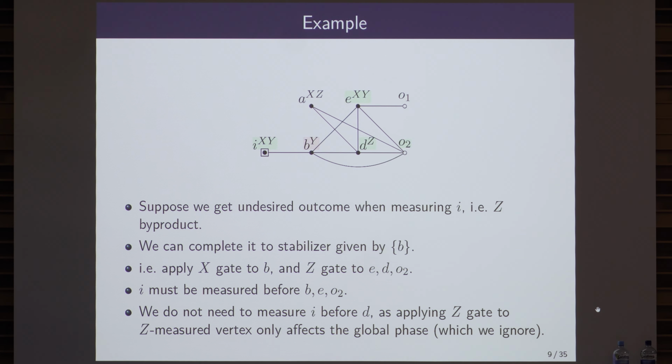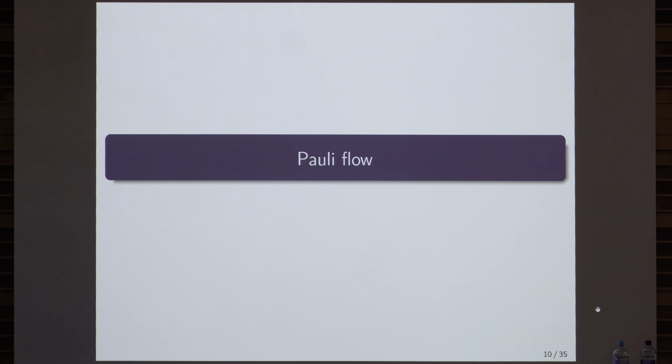This is just an example of how we could correct one measurement outcome that is undesired. And the question arises, how can we formalize in general whether such corrections are possible? And it turns out that there is a known structure that tells us when we are able to correct undesired outcomes by completing to a stabilizer, and that structure is known as Pauli flow, which I will discuss now.